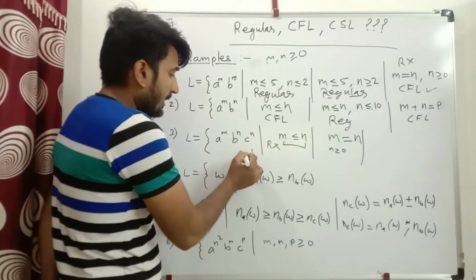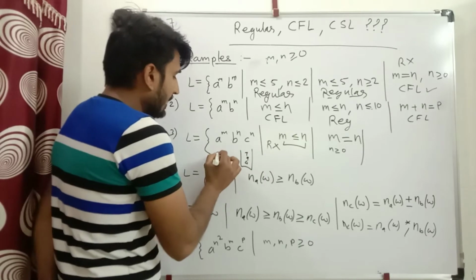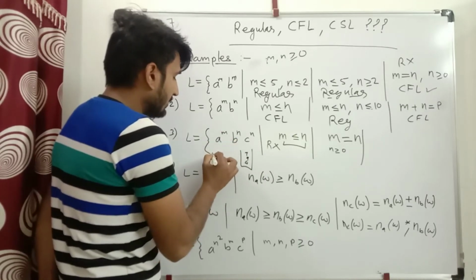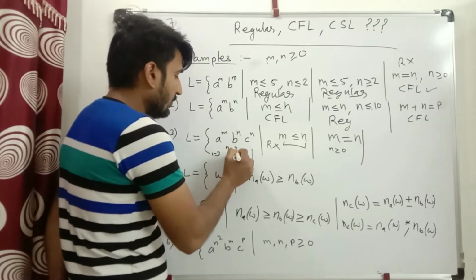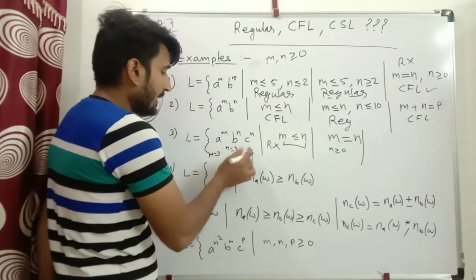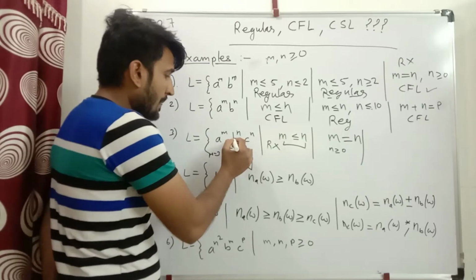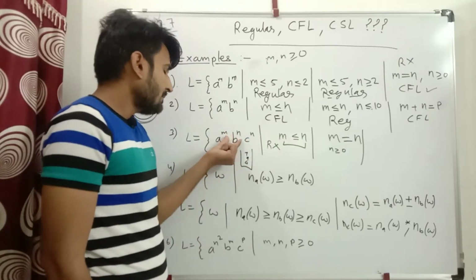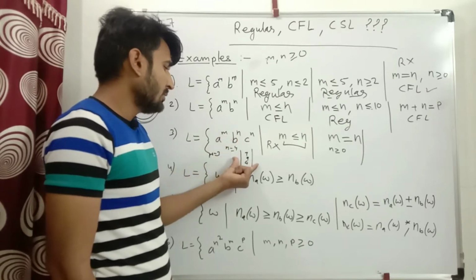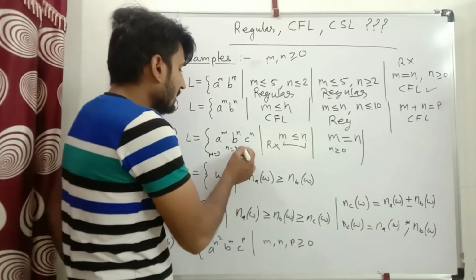For example, if m equals 3, push a three times, and then b came.